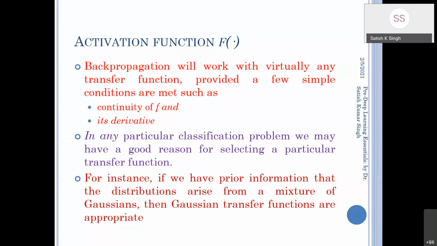If it is a Rayleigh kind of distribution, Rayleigh may be useful. Some guessing can be done, but this is not random guessing, it is informed guessing. So you can select the transfer function on the basis of prior information about the data distribution. That's it.